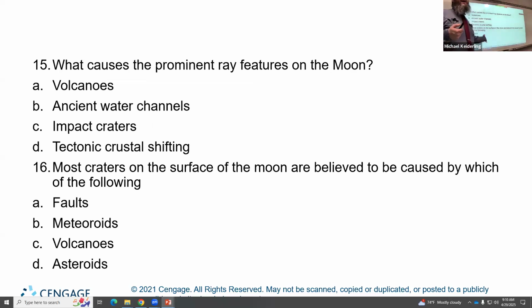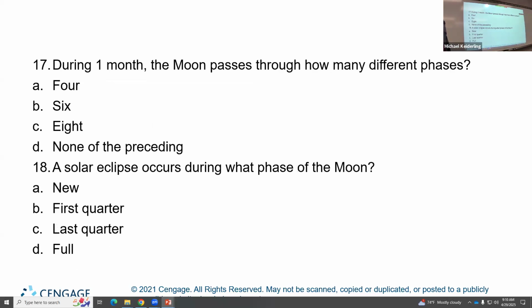Some of them were probably caused by asteroids, but meteoroids is the more general term. And during 1 month, the moon passes through how many different phases? 8. And a solar eclipse occurs during what phase of the moon? The new moon.